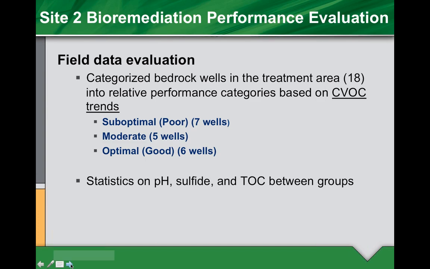My colleague Jim Schutz and I have worked on this project and reviewed a lot of data together, and we have looked at the data in a number of ways. Jim Schutz's idea was to categorize the wells in the bedrock treatment area in terms of their performance, and then look at the geochemical conditions associated with these varying groups.